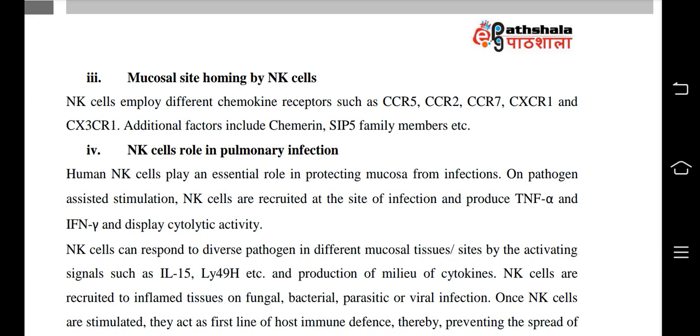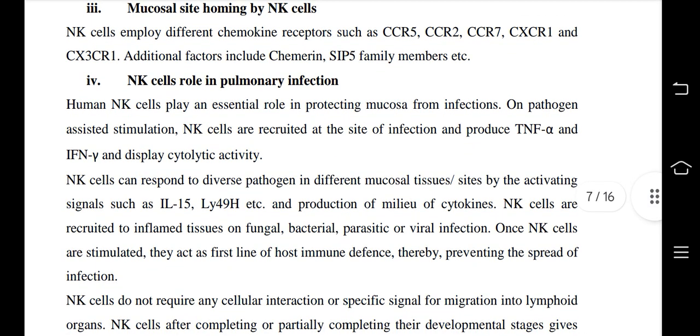NK cells' role in pulmonary infection. Human NK cells play an essential role in protecting mucosa from infections. On pathogen-assisted stimulation, NK cells are recruited to the site of infection, produce TNF alpha and IFN gamma, and display cytolytic activity.